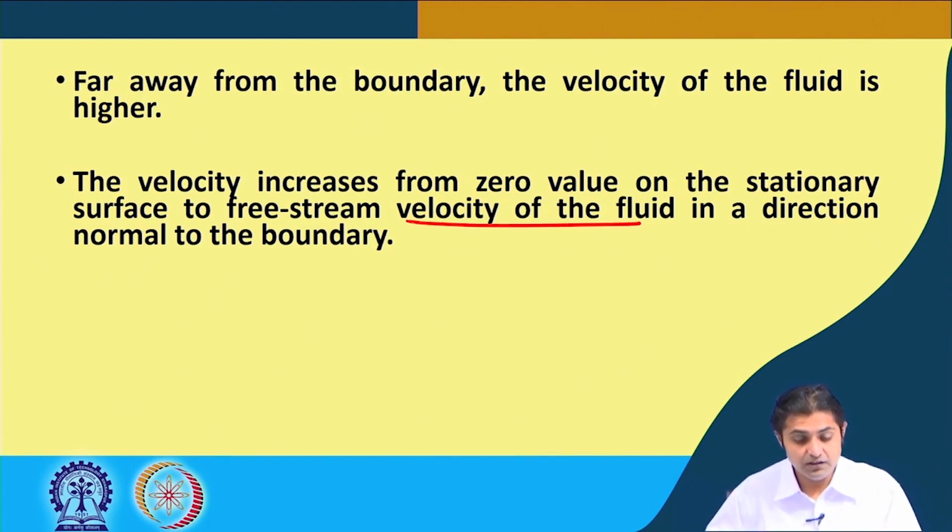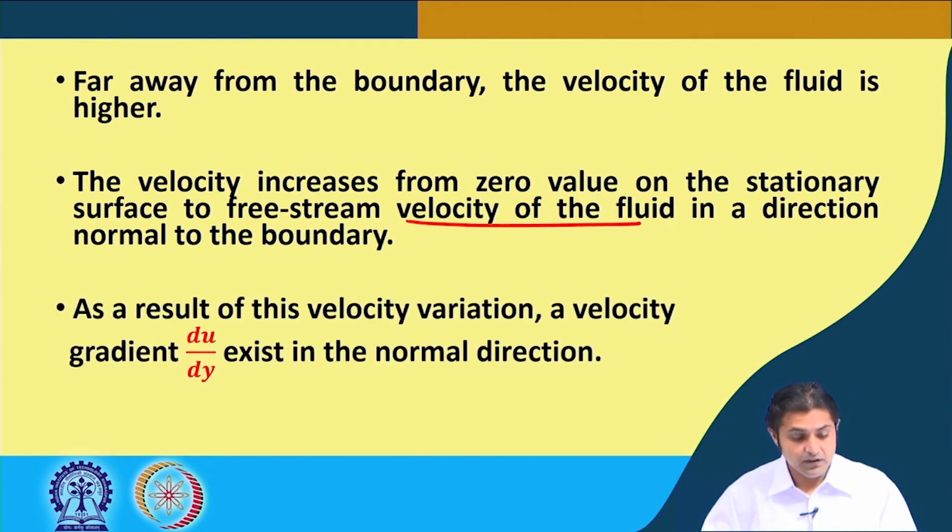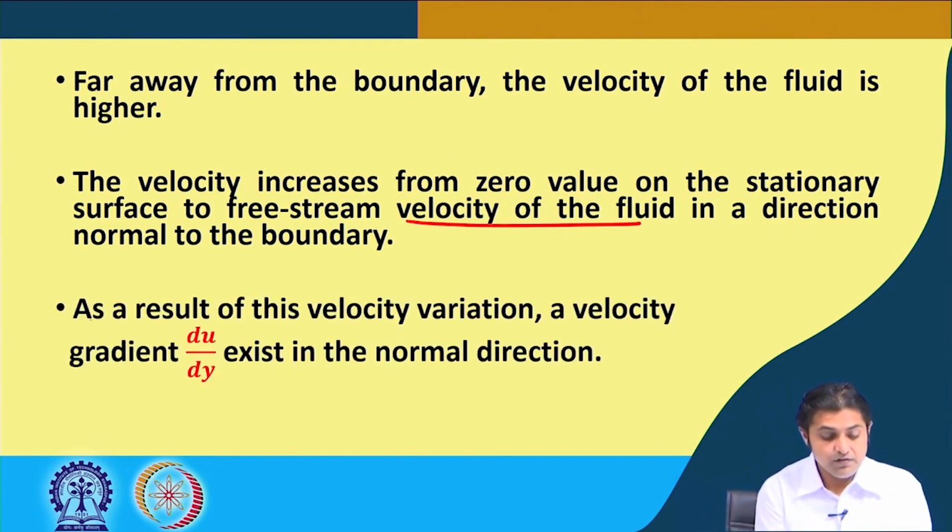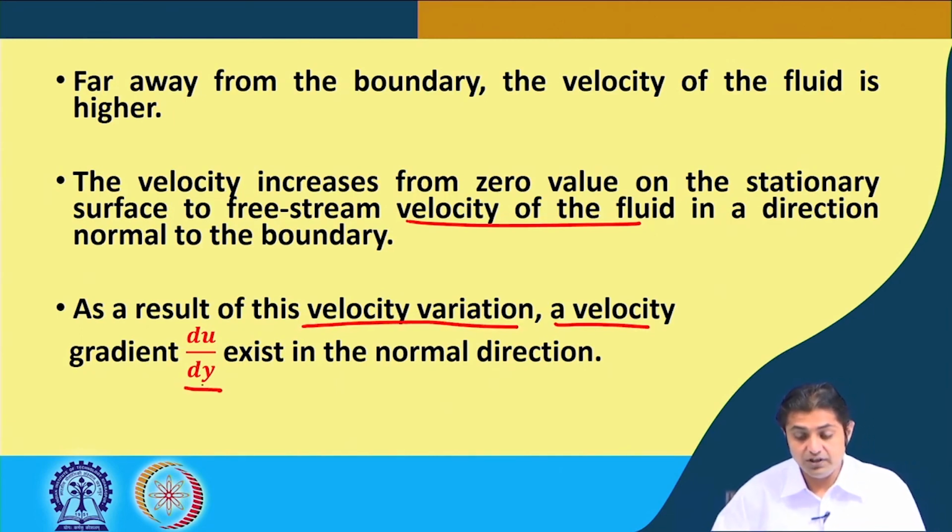If it is moving, then the velocity at the boundary is going to be the velocity of the surface that it is on. So because of this phenomenon, there is a velocity variation, and this gives a velocity gradient du by dy, which exists in the normal direction.